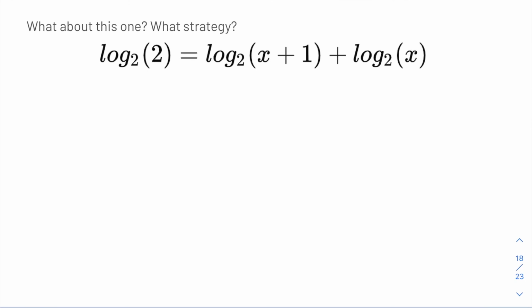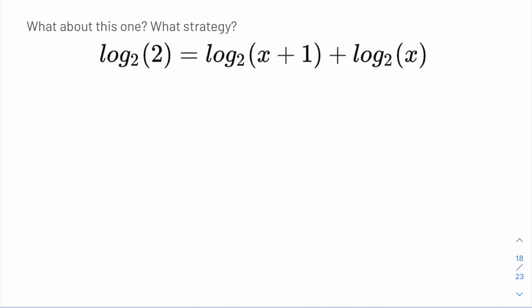Okay, so for this one, the way I can determine what strategy it is is I see that there are multiple logs, but also everything has a log, right? If this was just a lone 2, I would know that I'm using strategy 1 because I have something without a log.